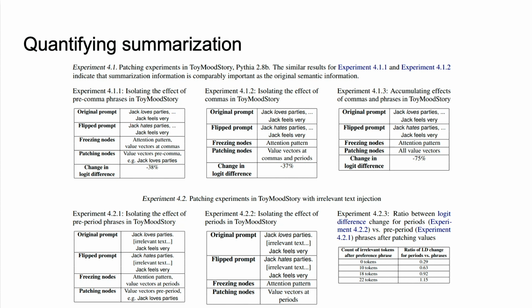So if you added enough irrelevant text, eventually the model would decide, okay, I'm actually going to rely more on the summary that I wrote at this period than going back all the way to where the original information was.